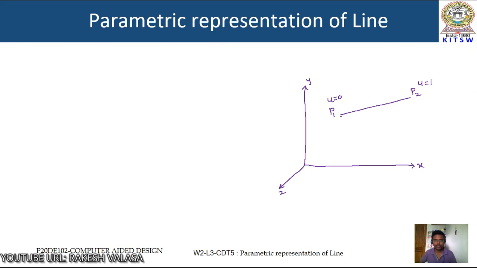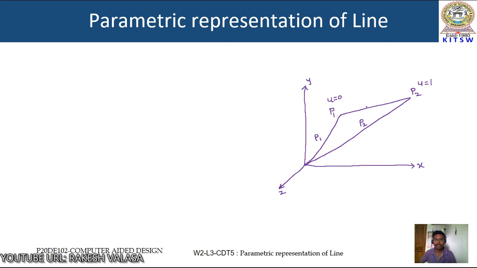Now I am going to draw the position vectors. Position vector means joining P1 to the origin point. This is the position vector P1. Similarly, I join P2 to the origin point. This is the position vector P2.